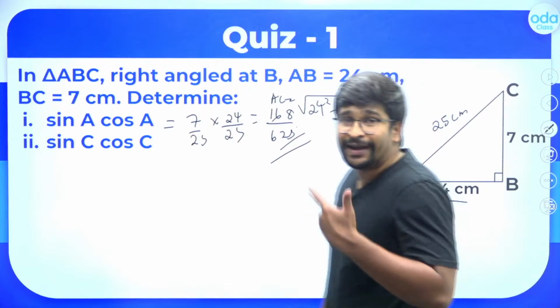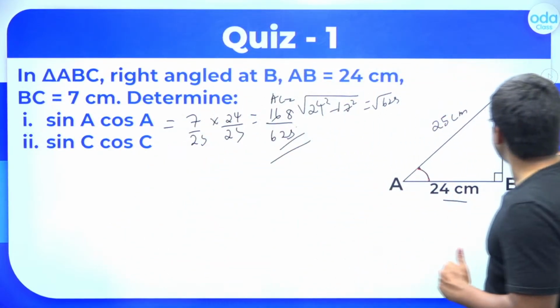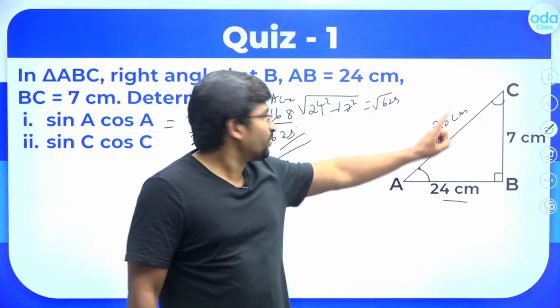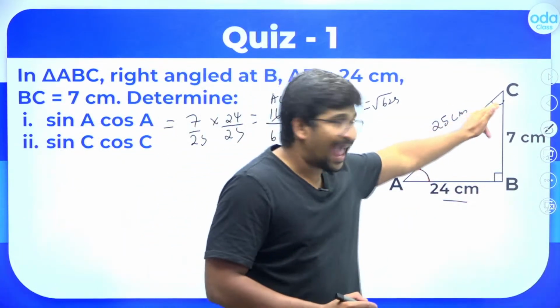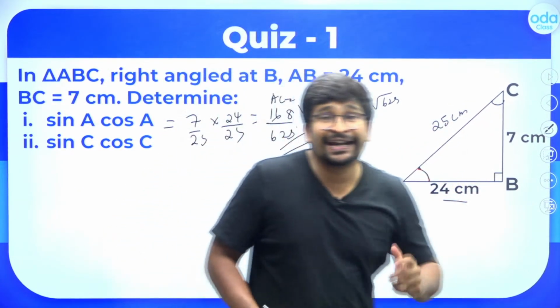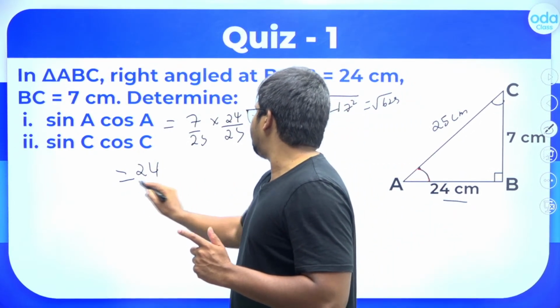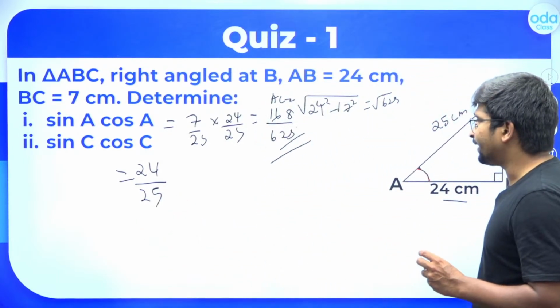Likewise, let's find what is sin C into cos C. What is sin C? Let's focus on this angle now. Sin C will be opposite by hypotenuse. For angle C, the opposite side is 24 centimeter. So sin C will be 24 over hypotenuse, still the same, 25. Correct?